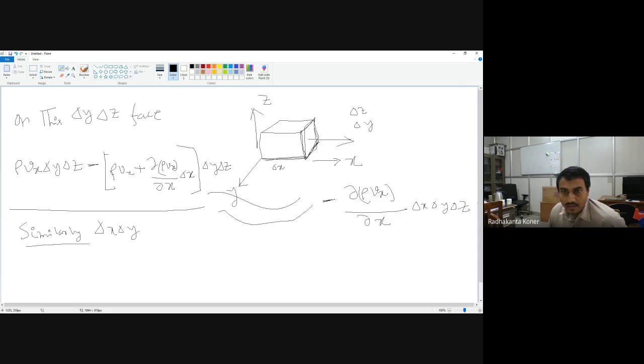This face indicates the bottom direction, so upward flow. On this face it would be equal to minus del rho Vz divided by del z, del x del y del z.